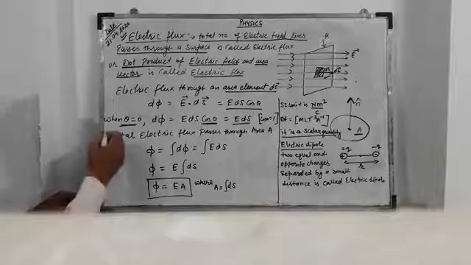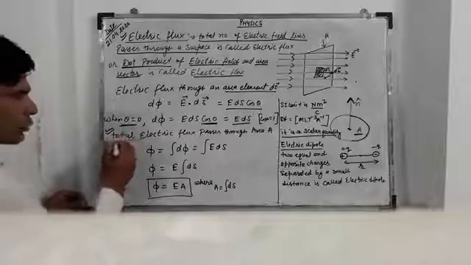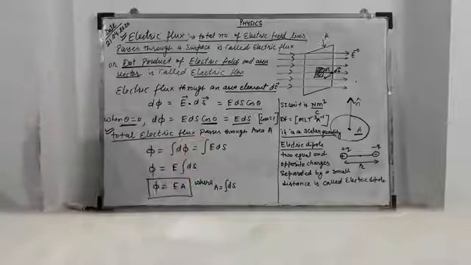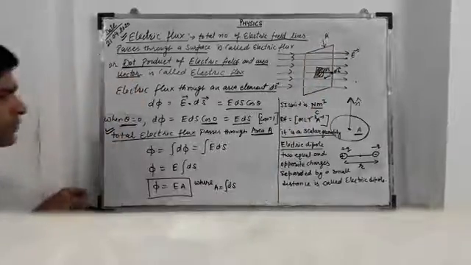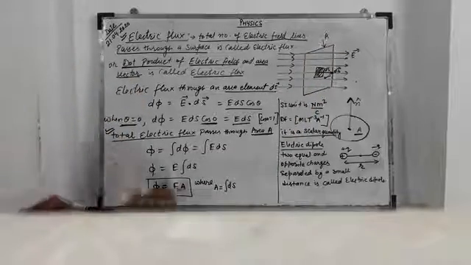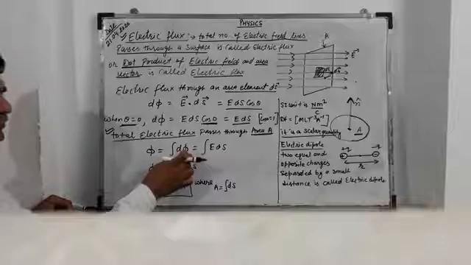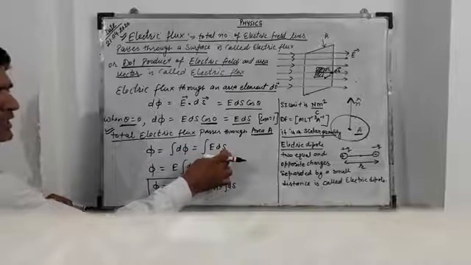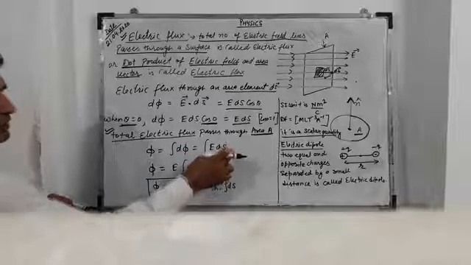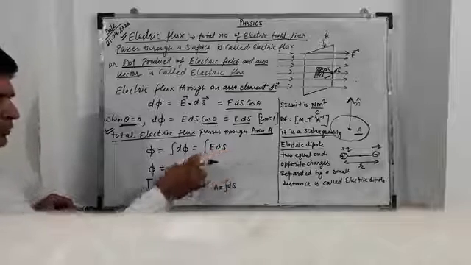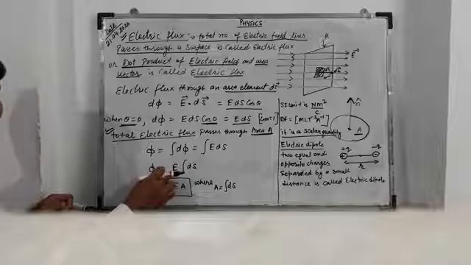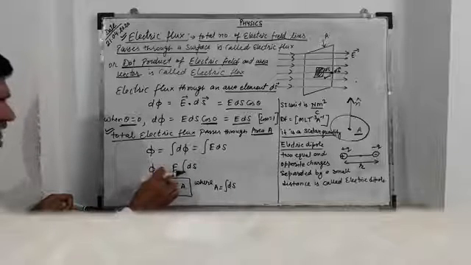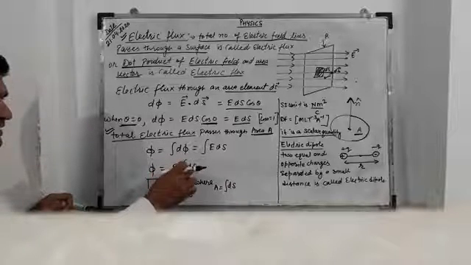Now we are finding the total electric flux passing through area A. So we take the integration of d phi equal to the integration of E ds. Because the electric field is constant, it is taken out, then phi is equal to E integration ds.